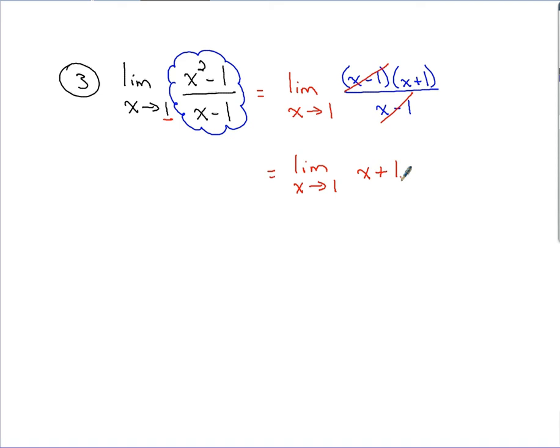We've manipulated the function as much as we can. Let's plug the limit in again. Let's plug in that 1. 1 goes in the place of x. 1 plus 1 is 2. That's a real result. That means the original limit here we were trying to evaluate equals 2.